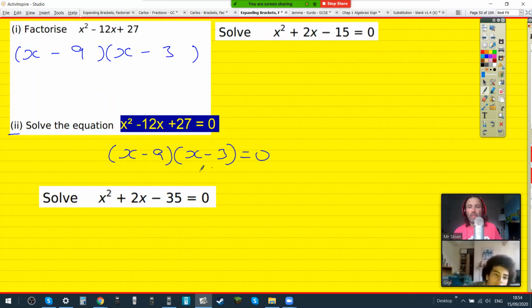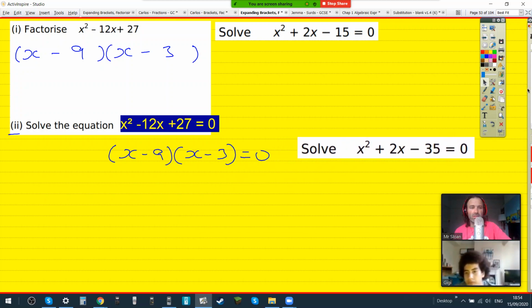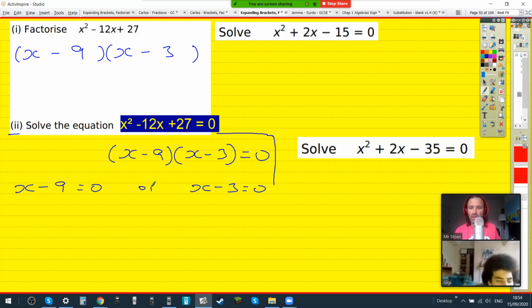And so how can you apply that for this? All right. So first one is 0 or the second one is 0. Correct. And so solve those two equations. What does it say in the middle? Or.